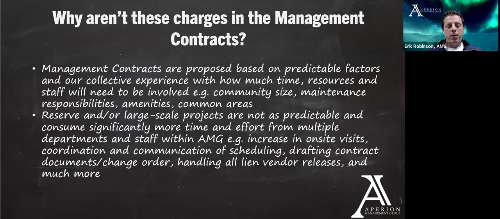Those are things we can generally predict. As portfolio managers, your manager has multiple communities that they manage, so how much of their time and the rest of their staff's time, the administration staff, is it going to take, based on those quantifiable and predictable factors, to effectively manage that community and meet everybody's expectations?